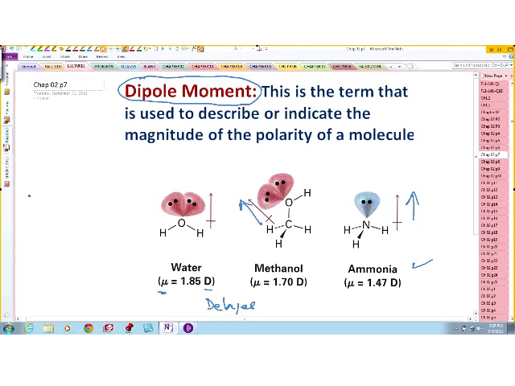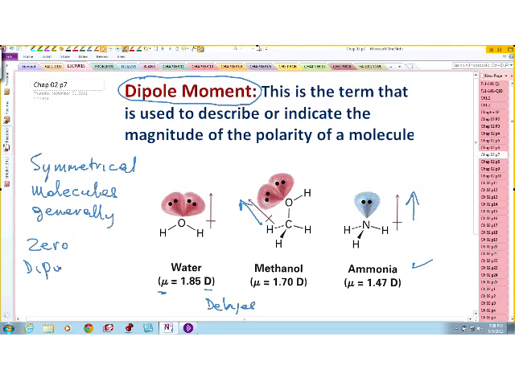Now, typically, on the other hand, let me write this for you: symmetrical molecules generally have zero dipole moment.